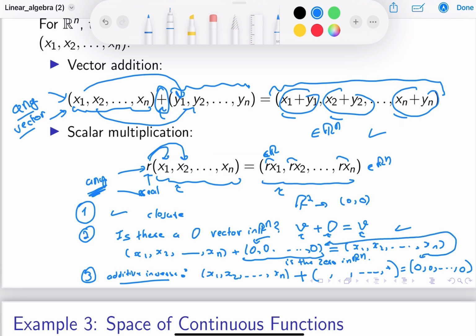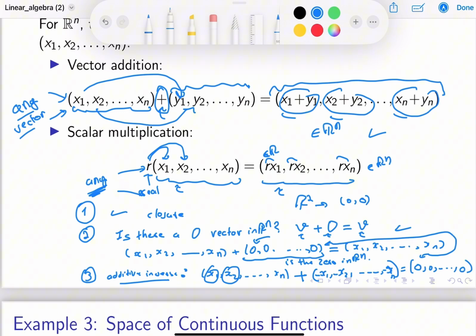What is the vector that, when added to any fixed vector, gives you a zero back? Well, again, intuitively, you would think that you should cancel the first and the second and so on. So we're going to take negative the first, negative the second, and so on, negative the last one. This is going to be the inverse of the vector that you have, right?